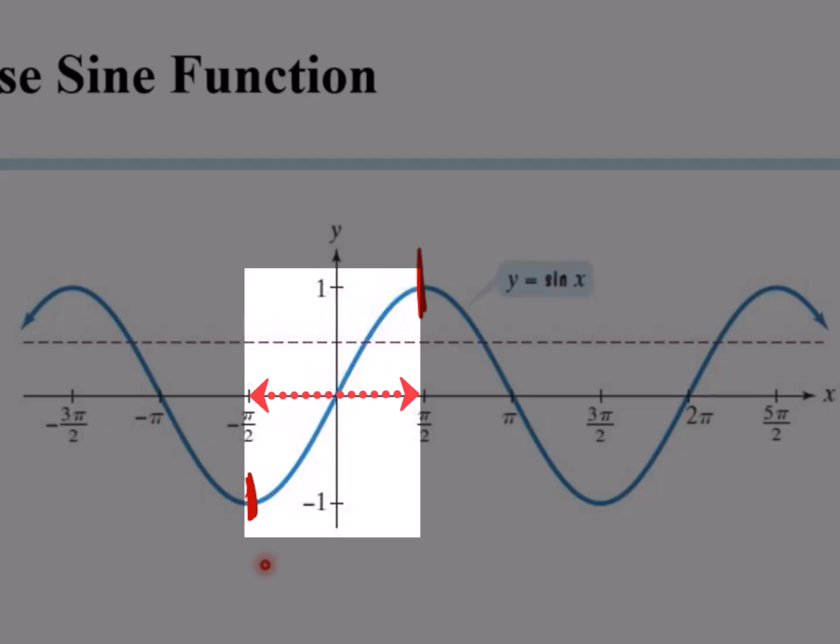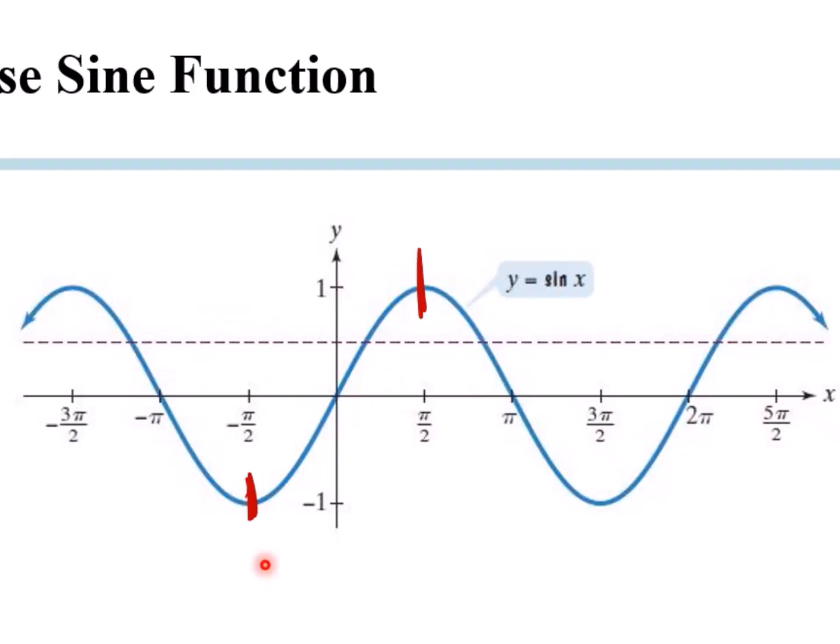Therefore, the entire sine function with all its domain values will not have an inverse function. We restrict the domain of the function and consider the interval of values only between x equals -pi over 2 and +pi over 2. The horizontal line test therefore shows that the sine function is not one-to-one.